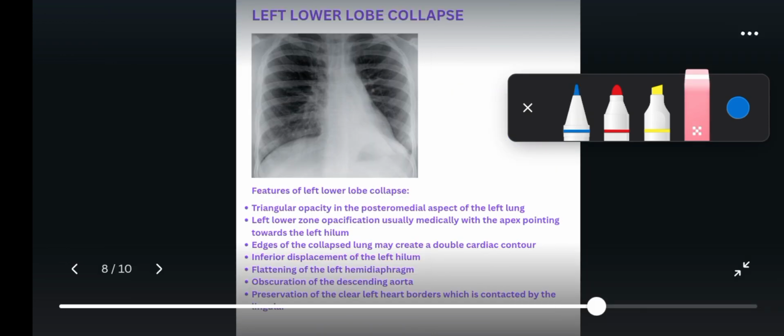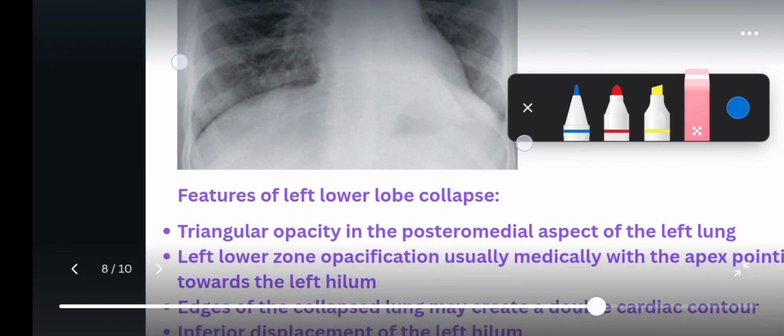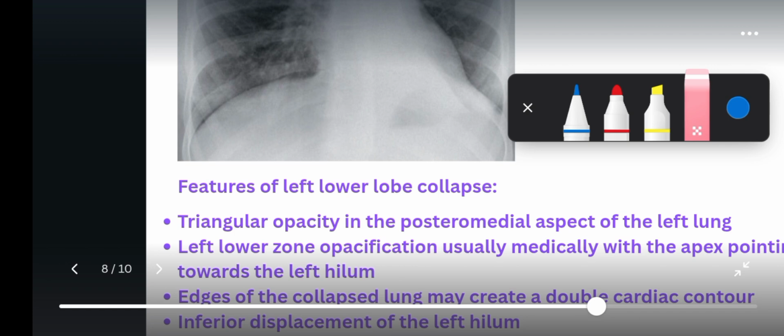Let's look at this one, the left lower lobe collapse. Let's look at the features before we look at the image. Features of left lower lobe collapse. There is triangular opacity in the posterior medial aspect of the left lung. I've mentioned that before, that lower lobe collapse always show that triangular opacity, with the apex pointing towards the hilum.